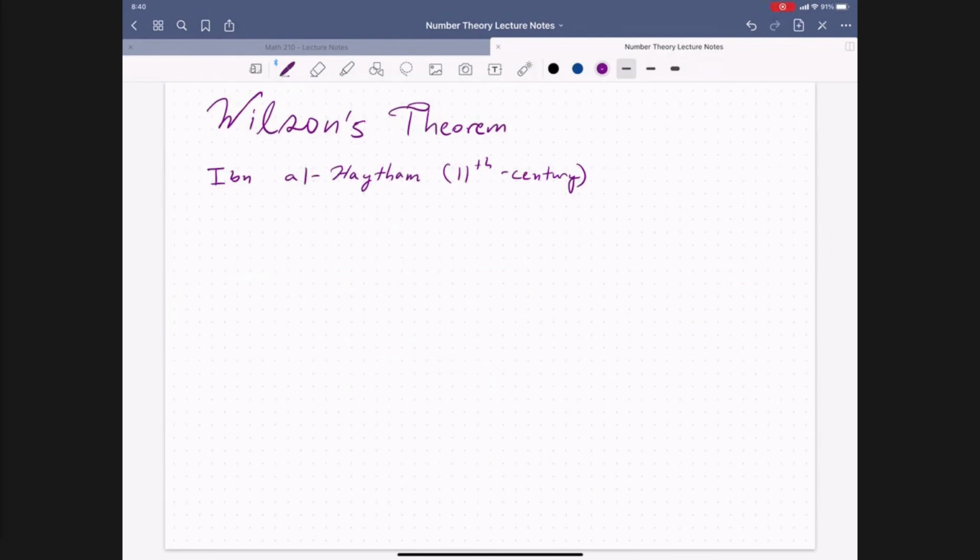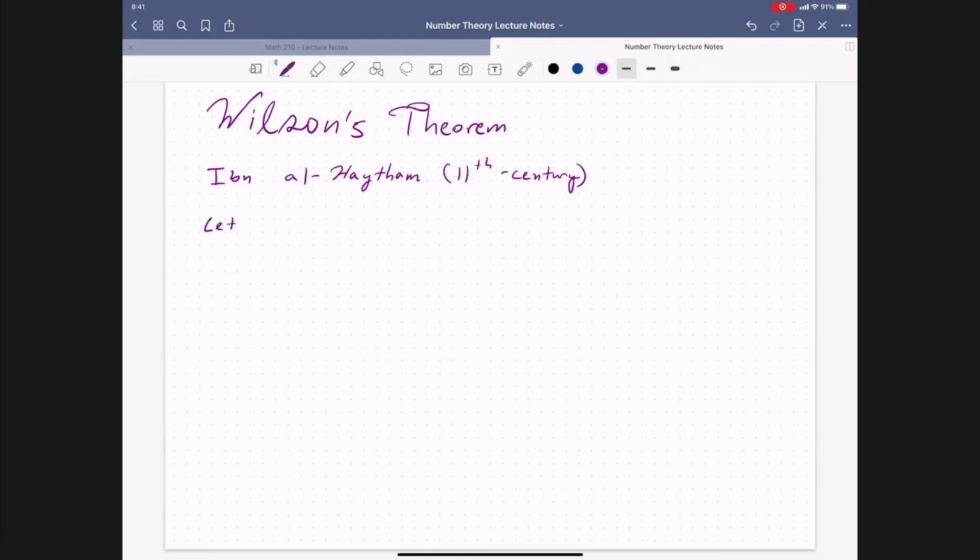So next, we are going to move on to what is known today as Wilson's theorem. But before getting to the theorem itself, I want us to rediscover the statement. And let's go ahead and do this in the footsteps of mathematician Ibn al-Haytham in the 11th century. And so what I want you to do is to consider the following setup and find a pattern.